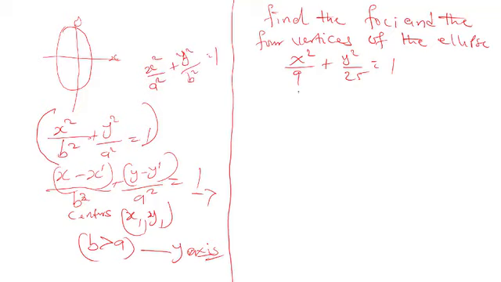If you want to go by comparison, you discover that a squared is equal to 9, so therefore a is equal to plus or minus 3.